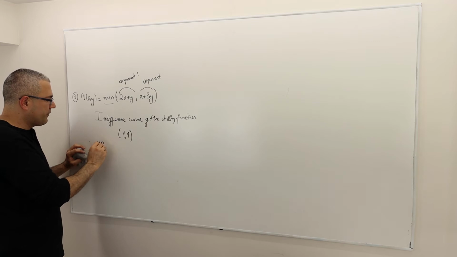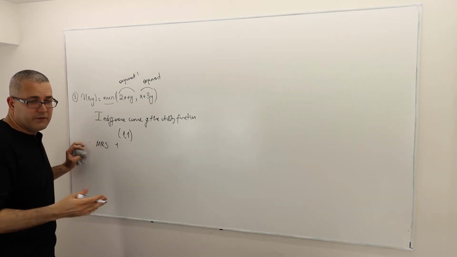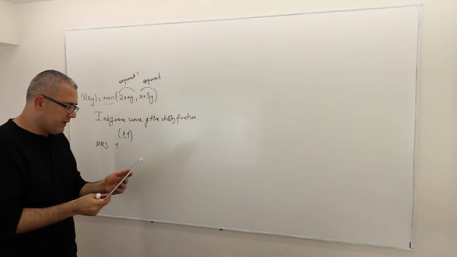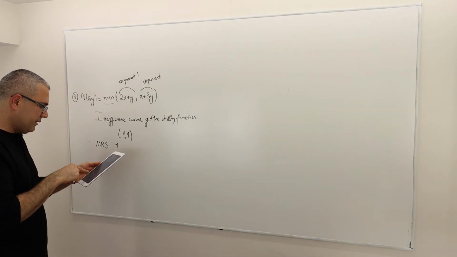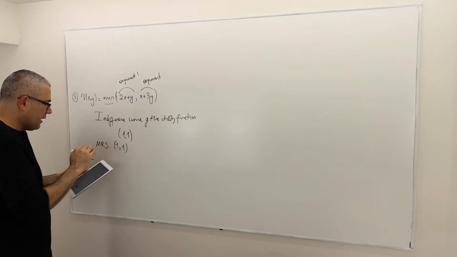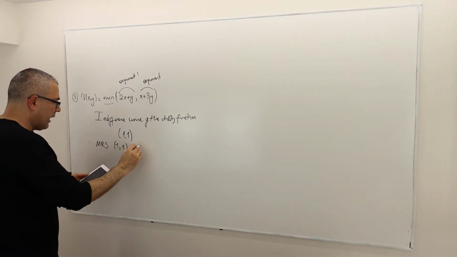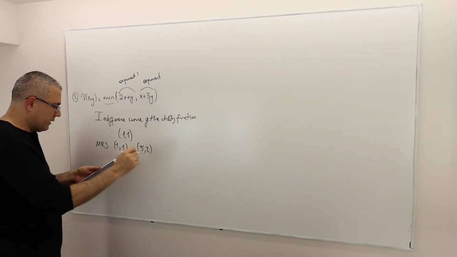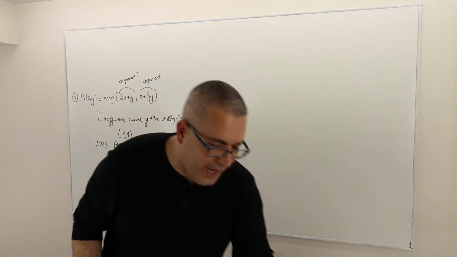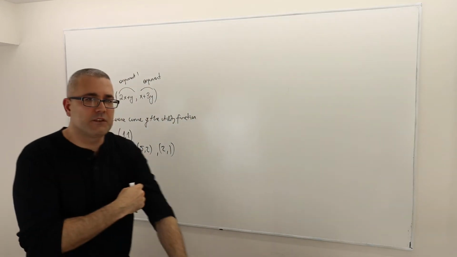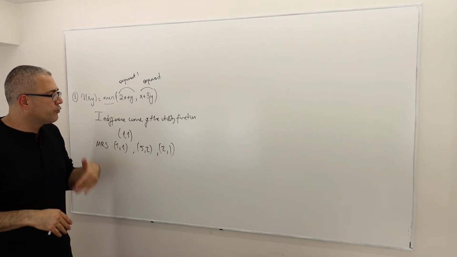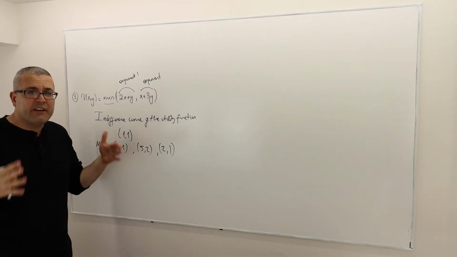What is the marginal rate of substitution at point (1, 1), at point (5, 2), and at point (2, 1)? I did not ask you to find the indifference curve for a specific point, but I just want you to draw a generic indifference curve.